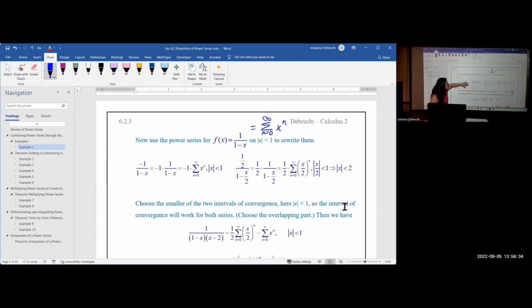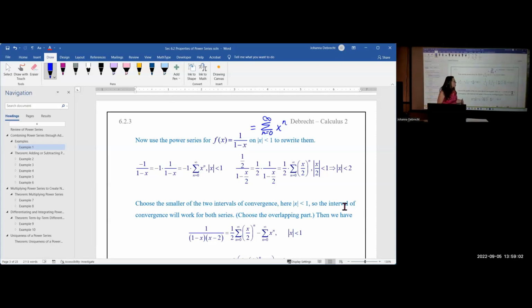Well, in essence, this 1 over 1 minus x is the function I have here, which is represented by the power series x to the n from n equals 0. So I can replace that with this, and it still has the -1 multiplied by it on the outside. And again, the interval of convergence is going to be between -1 and 1, because it's essentially a geometric series in form.